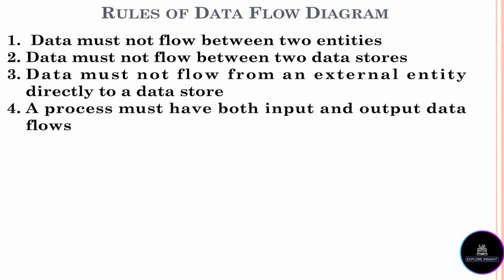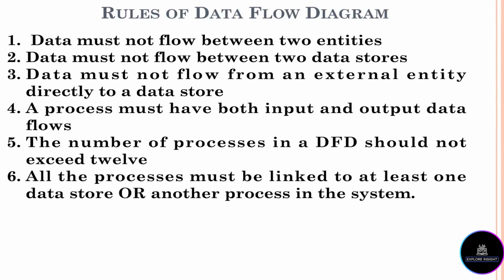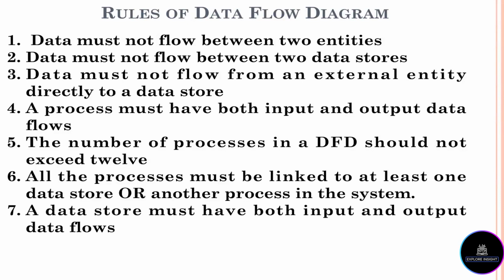The number of processes in a DFD should not exceed 12. 6. All the processes must be linked to at least one data store or another process in the system. And the last one is, a data store must have both input and output data flows.